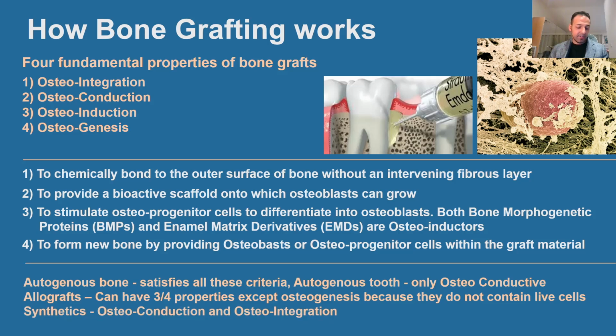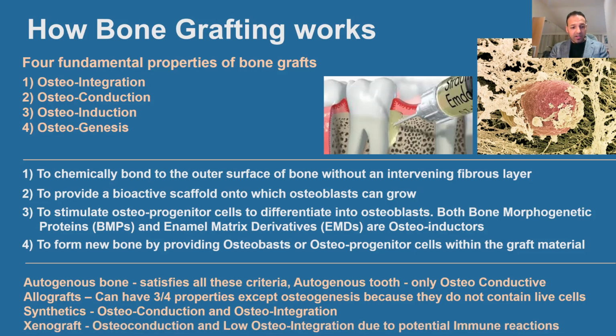Synthetics, alloplasts, are osteoconductive, meaning they provide a scaffold, but they can also osteointegrate because they can chemically bond to the bone. And xenografts are mainly osteoconductive, and there's some low-level osteointegration, because there are potential immune reactions around a xenograft that prevent it from chemically bonding to the host bone.